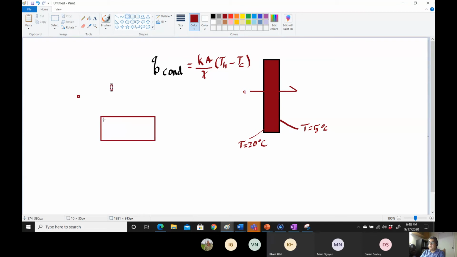You've got the motor with the shaft. This is 75 horsepower. But then there's an electrical input that goes into the motor that we need to know.